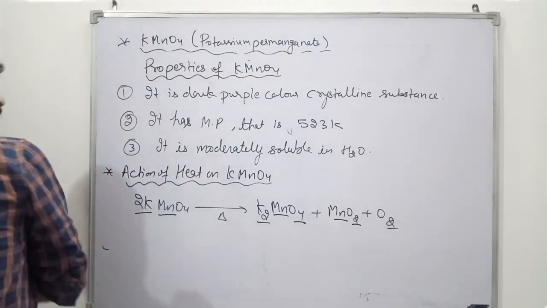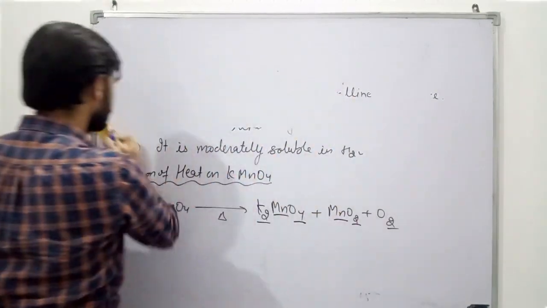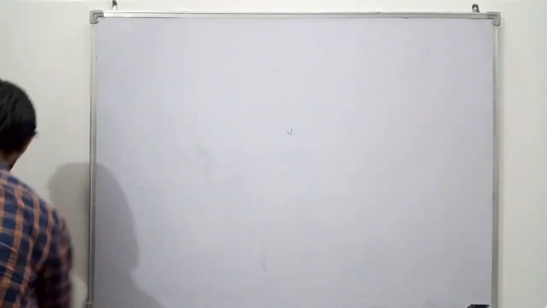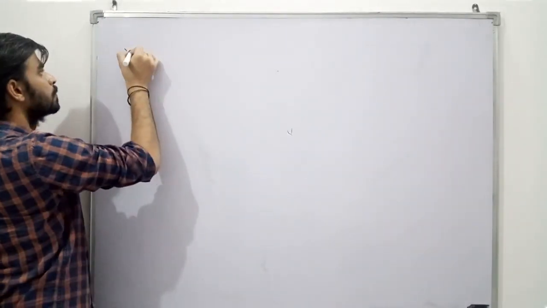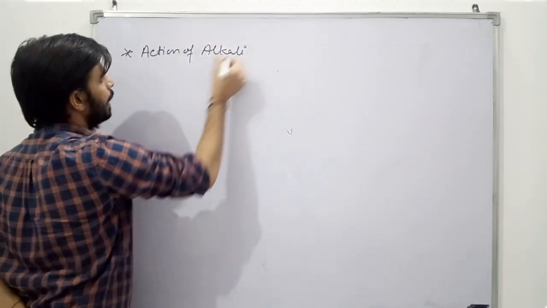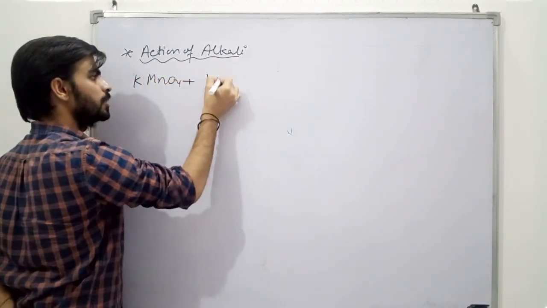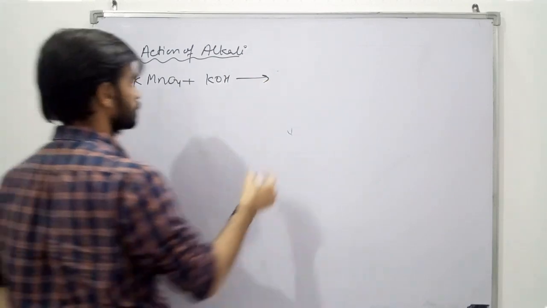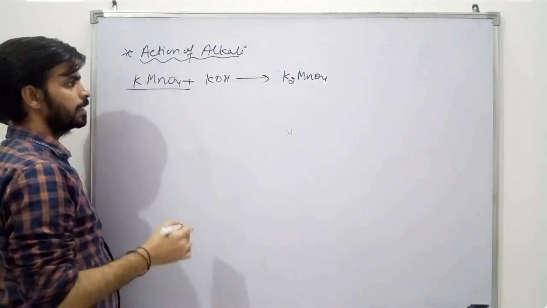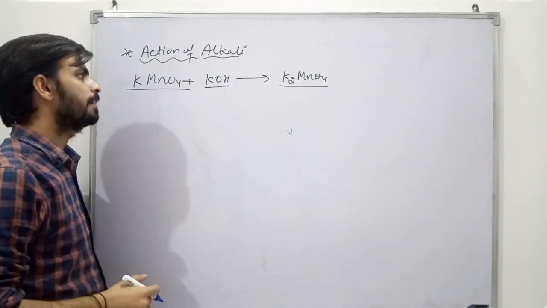Now next, action of alkali. When potassium permanganate is treated with KOH, it converts into K2MnO4, potassium manganate, with water.